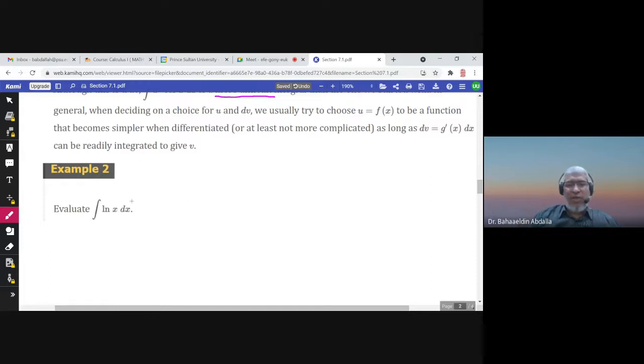All right, in this example, the integral of ln x dx. I choose ln x to be u and dx to be dv. I don't have a product of two functions here, but this is a situation where integration by parts helps us find the integral of ln x, or sine inverse, or tan inverse, or any inverse trigonometric function.